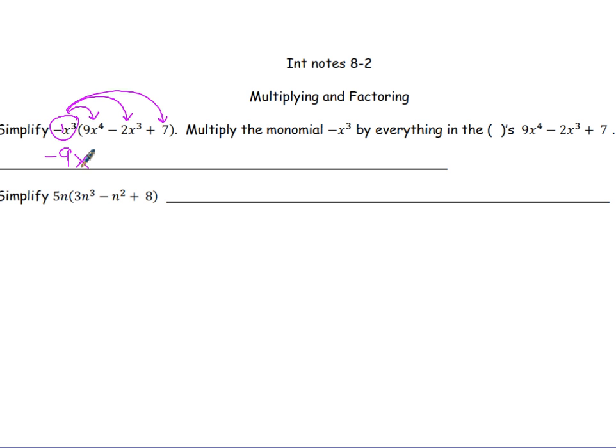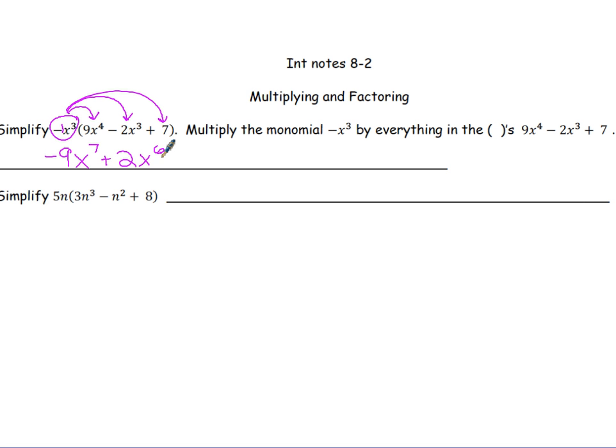And then we add our exponents. So 3 and 4 makes that 7. Then we're going to do the same thing to the next term. The negative 1 times the negative 2 right here makes a positive 2. And then, of course, we're going to add the x to the third and this x to the third. And that'll give us x to the sixth.